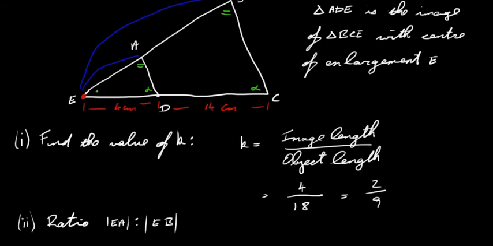So we can write that down. ED is 4 and EC is 18. So that's our ratio there. That's just 2 is to 9. So that's our ratio of sides.